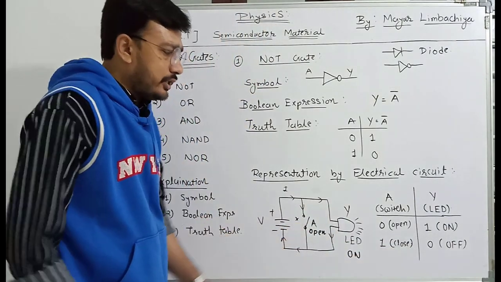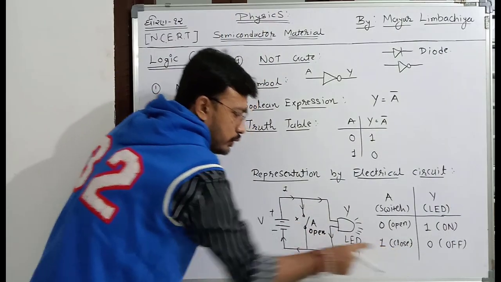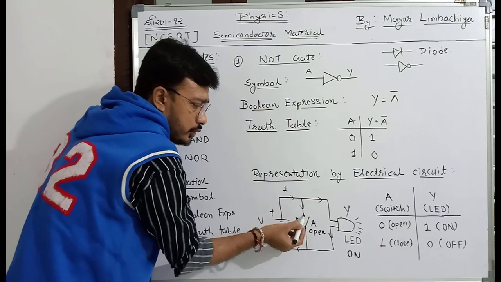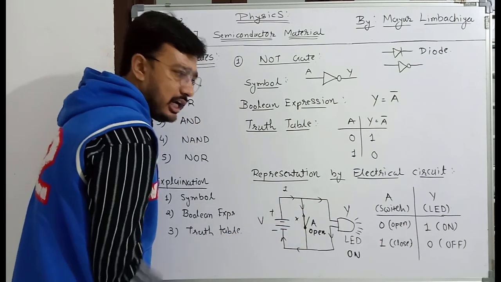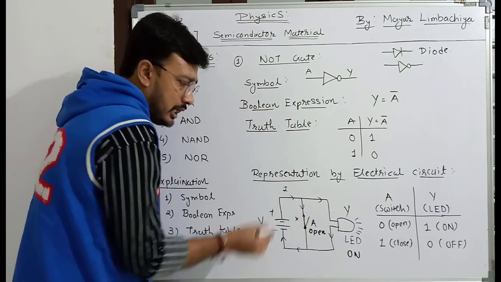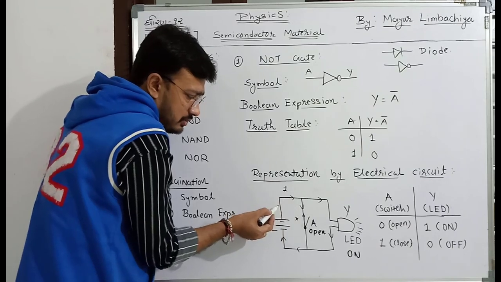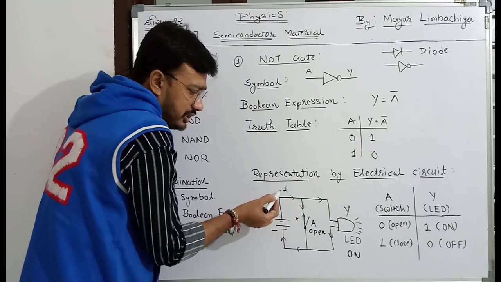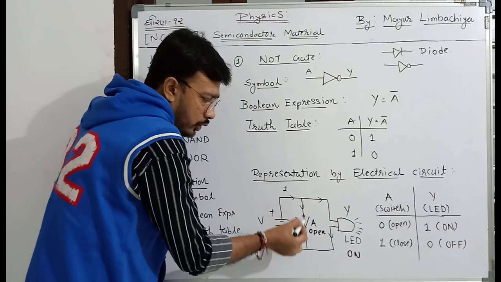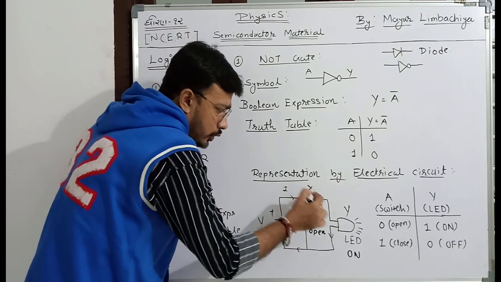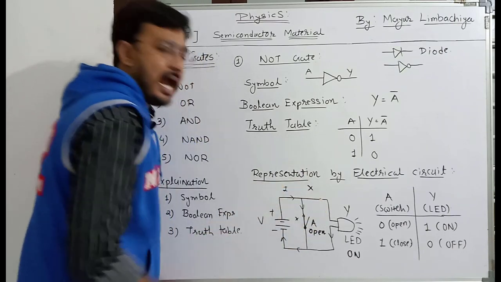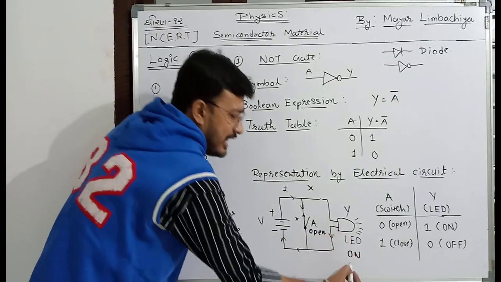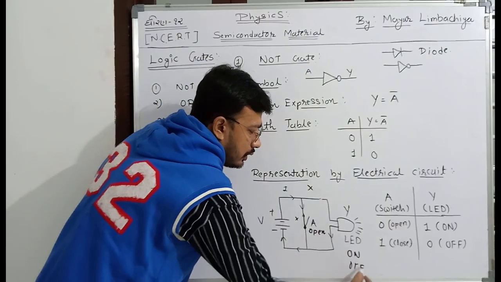For the second case, the input is 1, which means you have to close the switch. Once you close the switch, the input is 1. At that time, the current coming out from the voltage source will go through the switch and will not go through the LED. So the LED will be off.